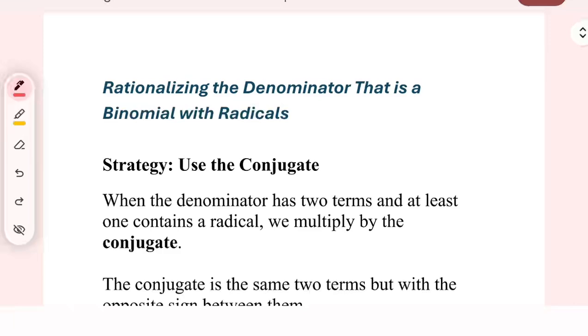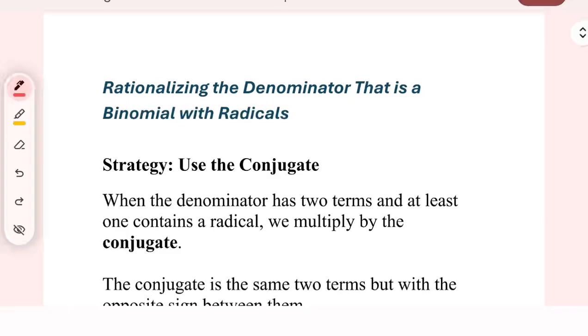Hello everyone. So right now we will have another method on how to rationalize the denominator. In our previous video, we explained one of the methods in rationalizing the denominator, and that is by multiplying the denominator by itself.